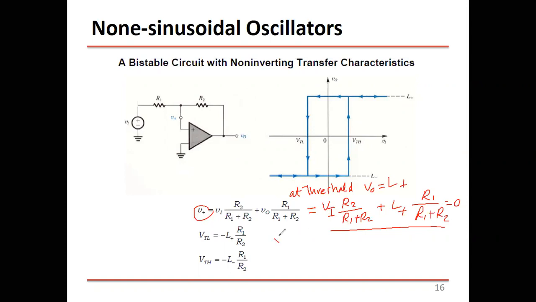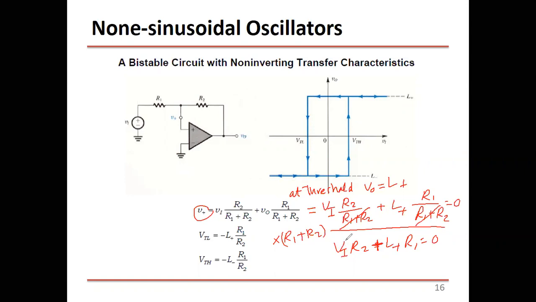Okay, multiply by R1 plus R2 on both sides. If you multiply this term by R1 plus R2, this will cancel. If you multiply this term by R1 plus R2, this will cancel. If you multiply 0 by R1 plus R2, this is 0. Okay. So this means V input times R2 plus L plus times R1 equals 0. You agree? Okay. Rearrange this, you will get this one.